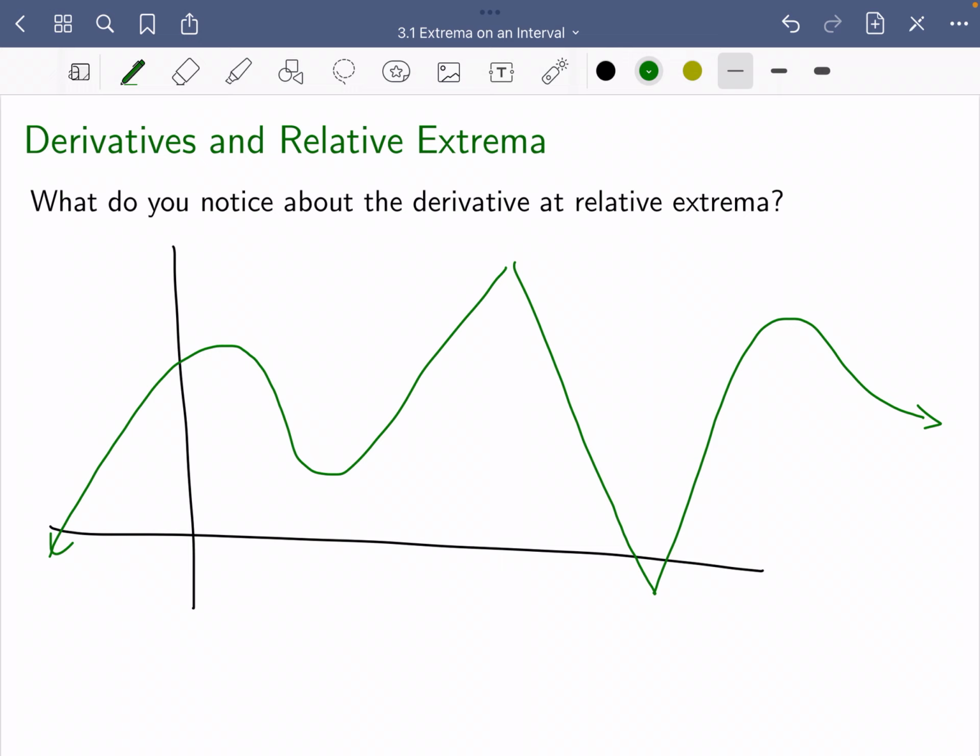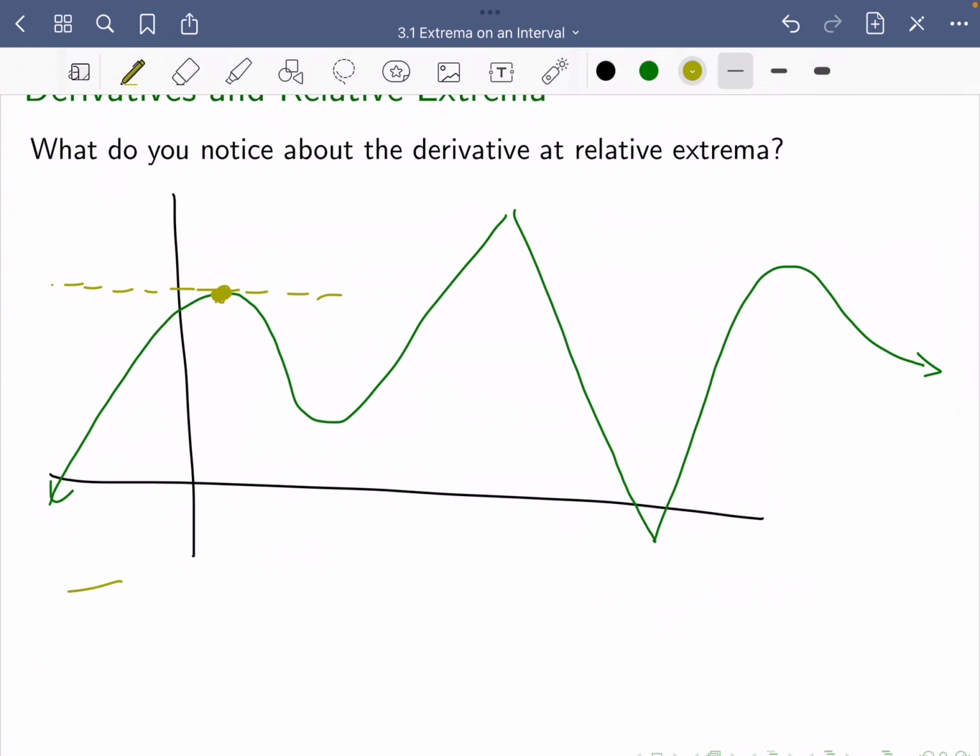Let's look at where we have relative maximums and minimums, and see what is true of our derivative at those points. We have a relative maximum here. What is the derivative there? Well, right at the tippy top, we have a horizontal tangent line. Remember, the slope of a tangent line is the value of the derivative at that point. If it's horizontal, then the slope is 0.